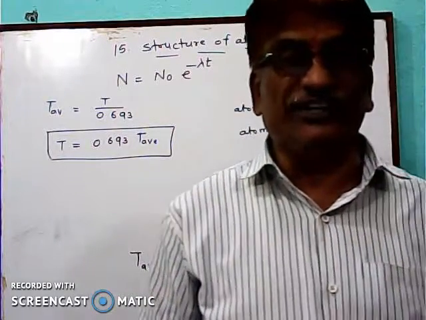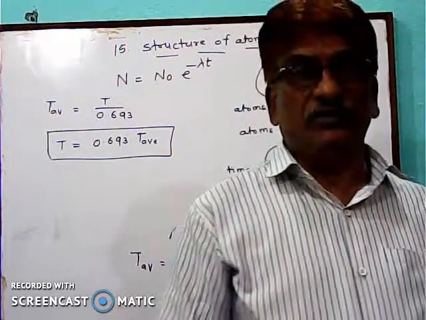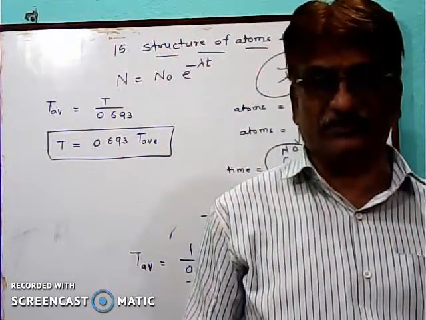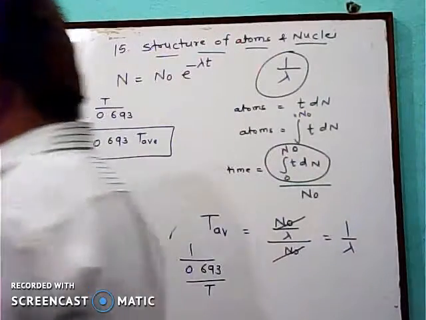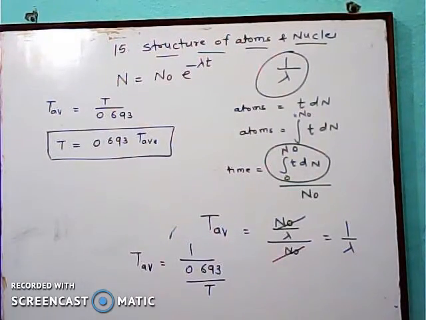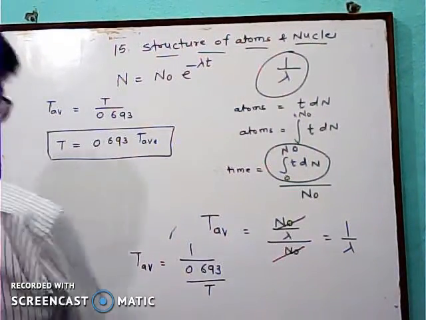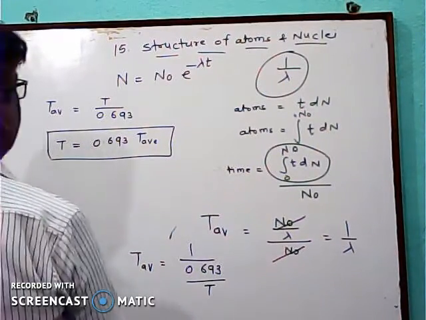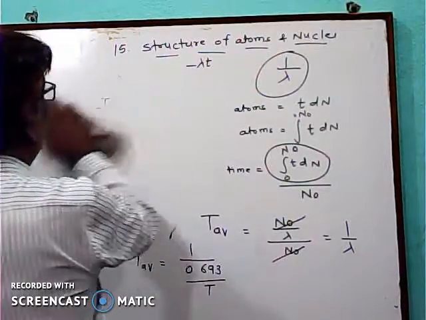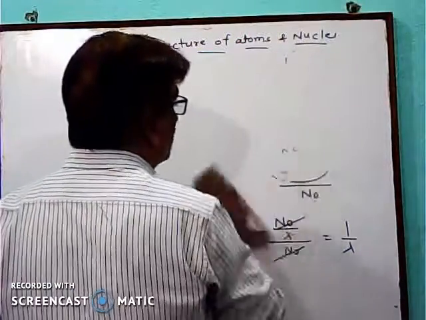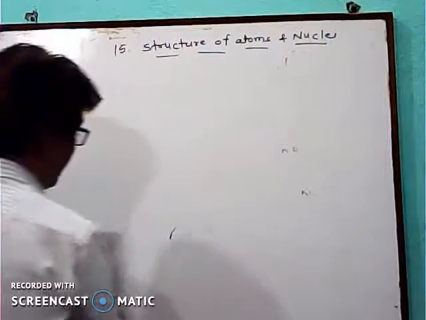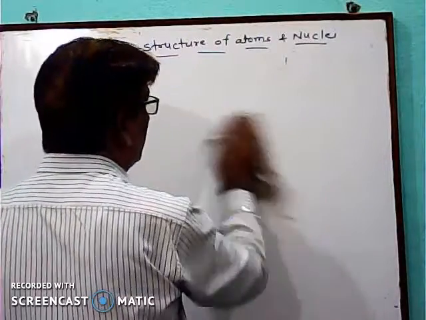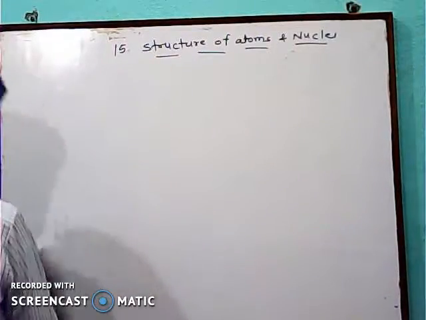We want to solve a few numericals. Sometimes the decay constant is given and the half-life time period is asked, or the half-life time period is given and the decay constant is to be determined.